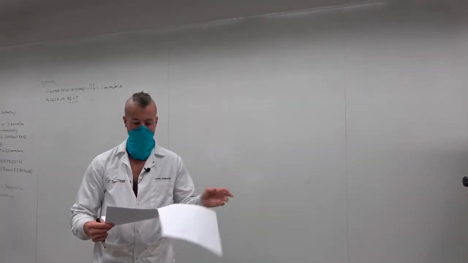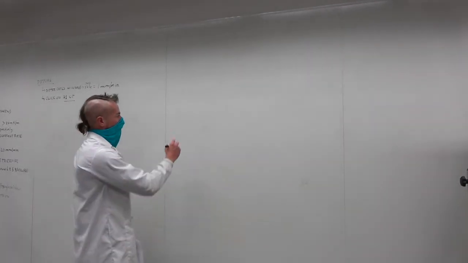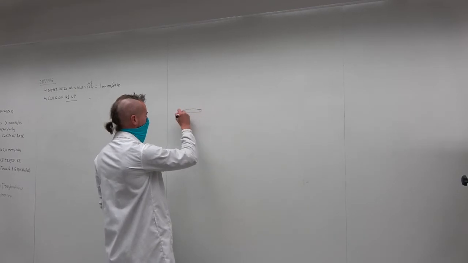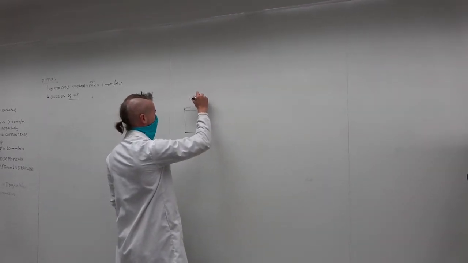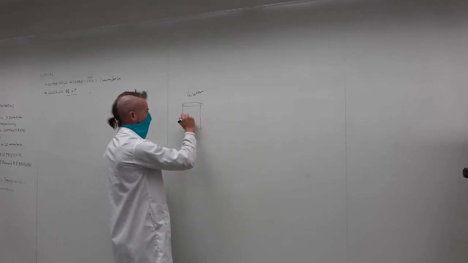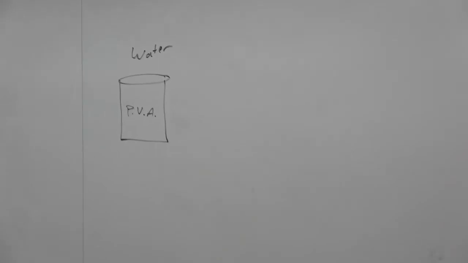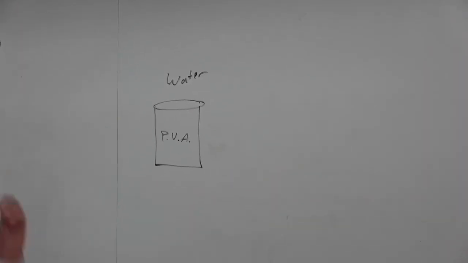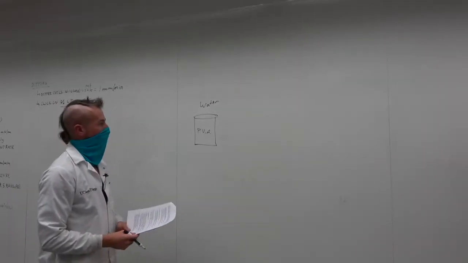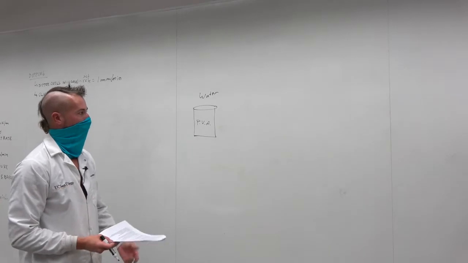So if we talk a little bit more about what we're going to do today, first you're going to heat your water phase. So this is going to have polyvinyl alcohol that acts like a surfactant in order to facilitate the formation of these particles.